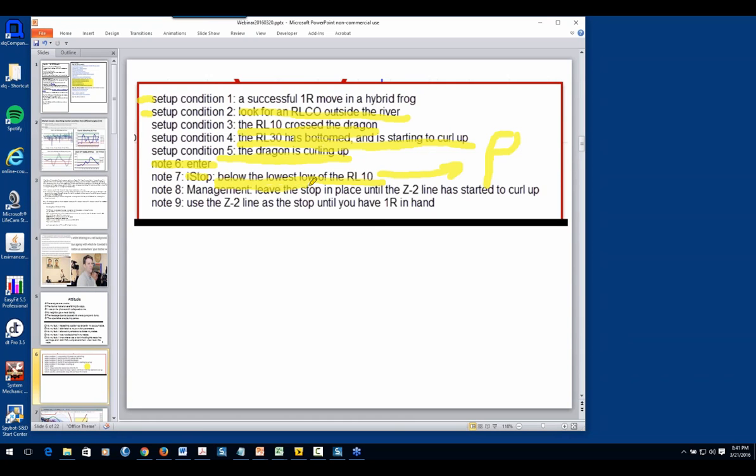So our initial stop is below the lowest low of the RL10. And then the management note number 8, leave that stop in place until the Z minus 2 line has started to curl up. Number 9. And then use the Z minus 2 line as the stop until you have 1R in hand.